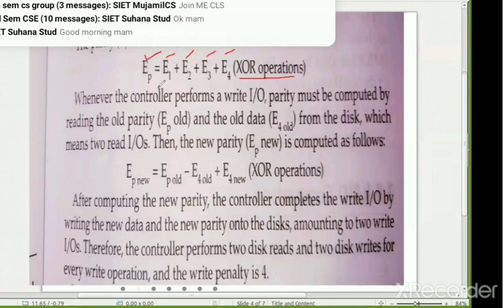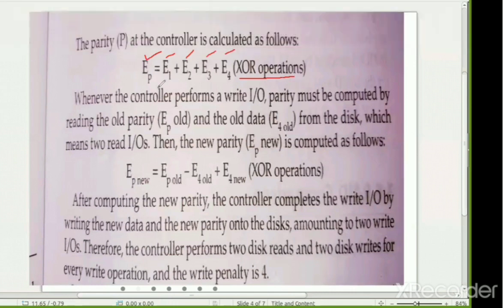So EP, that means the parity, is calculated for all the disks. The same way for the first disk, AP is calculated as A1 plus A2, that is XOR operation. Then for the third one it is A3, and the last one is A4. So this is how they are going to calculate.